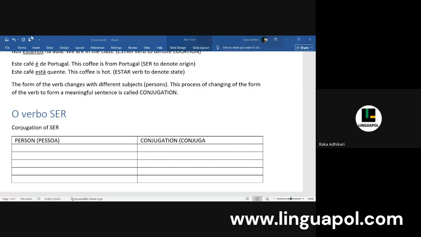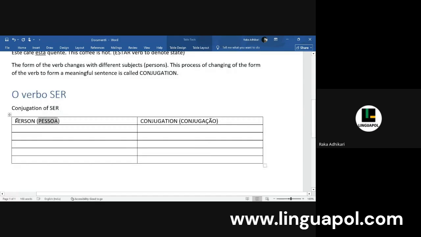Just a second, I'm unable to put the accent here. Do you remember, when you have -tion in English, what is the most common translation in Portuguese? Yes, -ção. Okay. So here also we will say conjugação, right? It's conjugação.